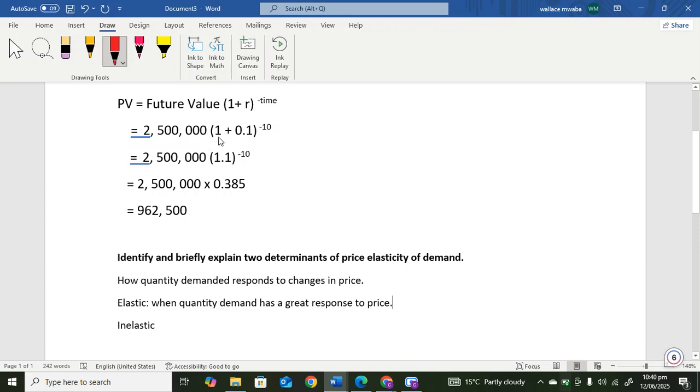Price and quantity demanded have an inverse relationship, right? So if price increases by, let's say, 1%, and quantity demanded drops by, let's say, 20%, this is elastic demand. This is an example.